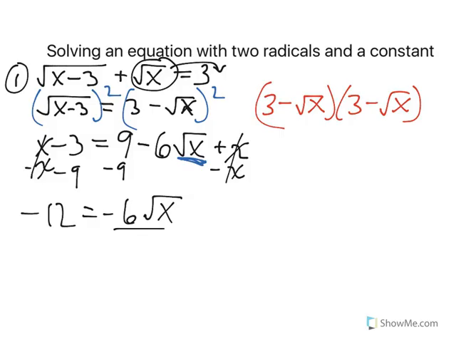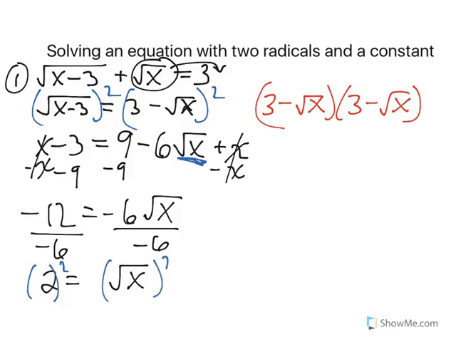And then I'm going to divide both sides by negative 6. And I have 2 equals the square root of x. So now the square root of x is by itself. You go ahead again and you square both sides. And we end up getting 4 equals x.